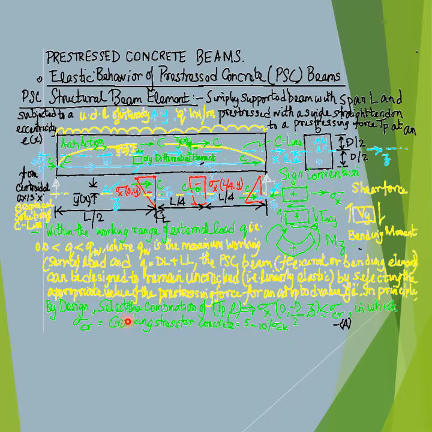such that the selected combination of the pre-stressing force Tp, that is capital T subscript P, where the notation capital T represents tensile force while subscript P signifies that the tensile force is due to the pre-stressing of the straight tendon or the straight cable.